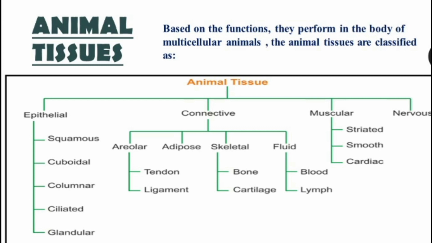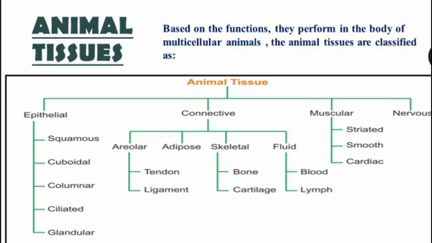And the third one is muscular tissue. It is further classified into 3 types: striated muscle, smooth, and cardiac. Striated muscles are present in voluntary actions or voluntary movement, and smooth muscle is present in internal organs, maybe the intestine and stomach region.